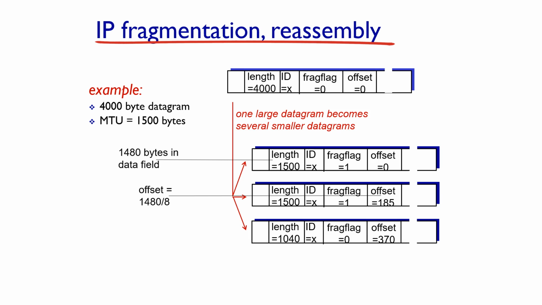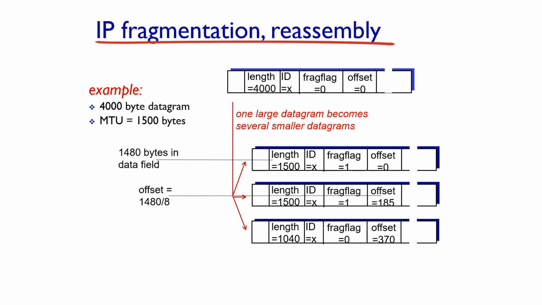The offset represents the starting position of each fragment. The first fragment will always start with the offset value 0. Then 185 is the second fragment's starting value, which is 1480 divided by 8. 1480 is the header length subtracted from the MTU, and dividing by 8 gives the starting offset of the second fragment.